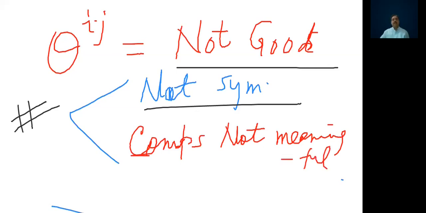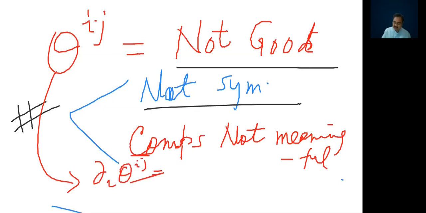So we will hit upon something else. The good side, of course, is that its four divergence vanishes, as I just gave you as a little exercise: del_i theta ij should be equal to 0. You can show it. So that's a plus point. But these two things, that it is not symmetric and that the components are not physically meaningful, are not satisfactory to us.